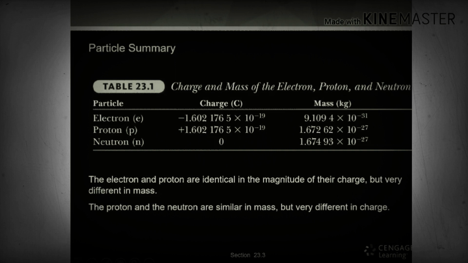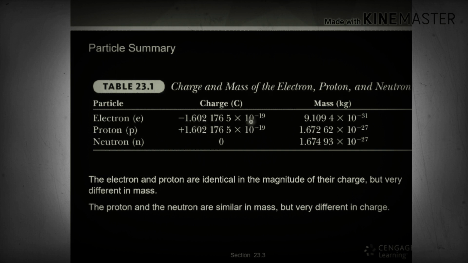Let's do a very quick summary. For one electron, the charge is 1.602. Normally, you just need to memorize 1.602. The rest of the significant digits, if you can remember, that's cool. If you can't, it's okay.